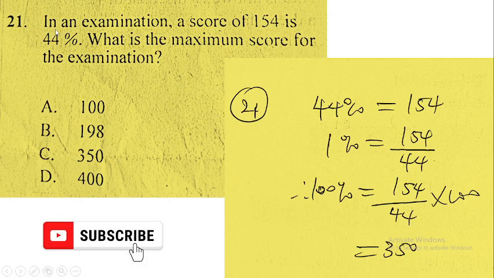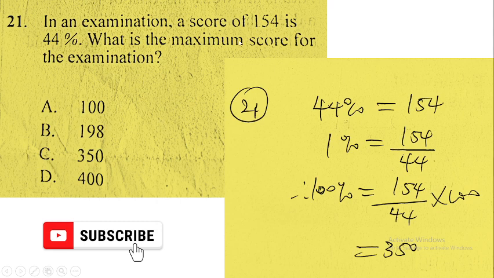Question number 21 says that in an examination, a score of 154 is 44%. What is the maximum score for the examination? Of course, for every examination, the maximum score is always 100%. So now, how do we find the 100% of the score? If the score of 154 is 44%, it's very simple and straightforward.